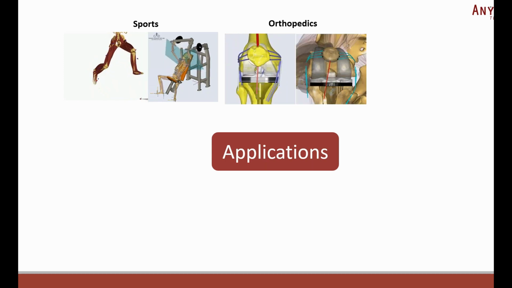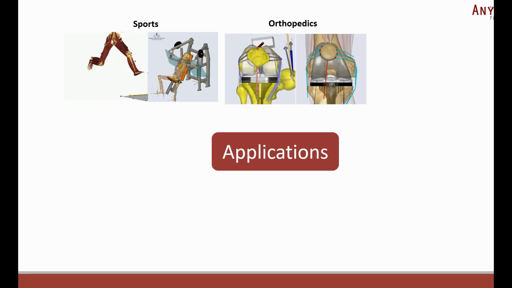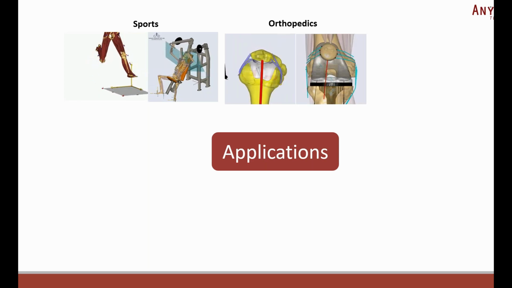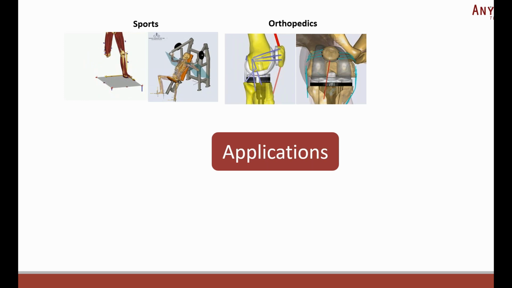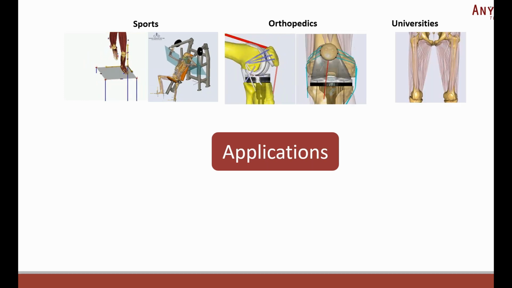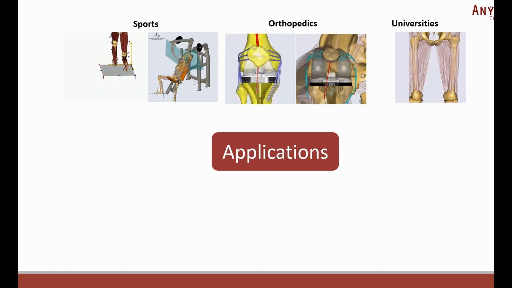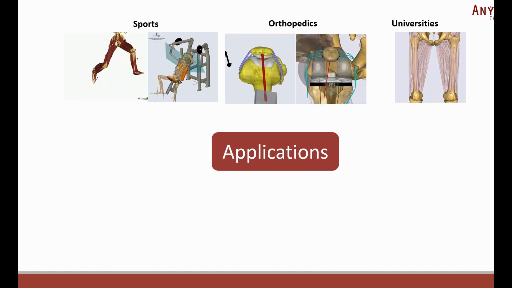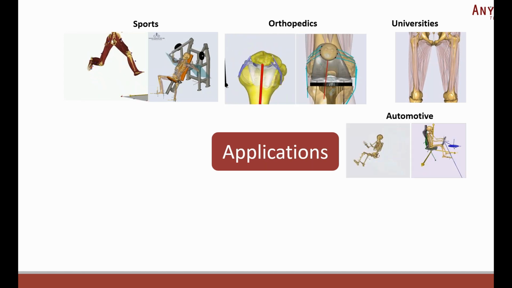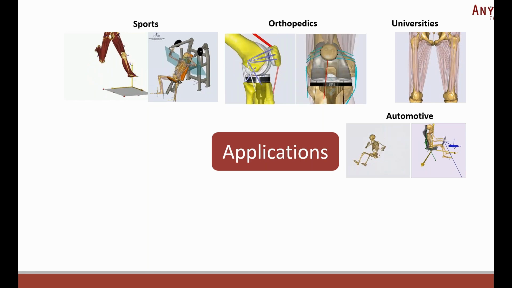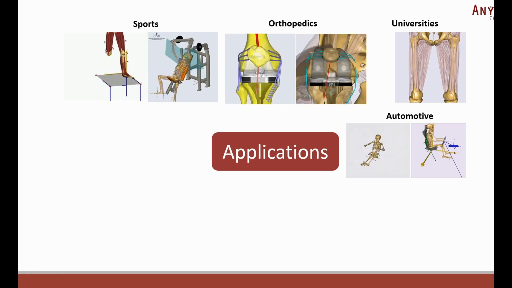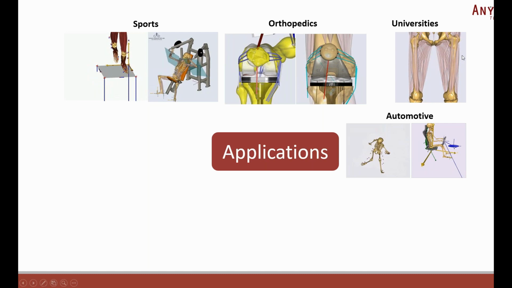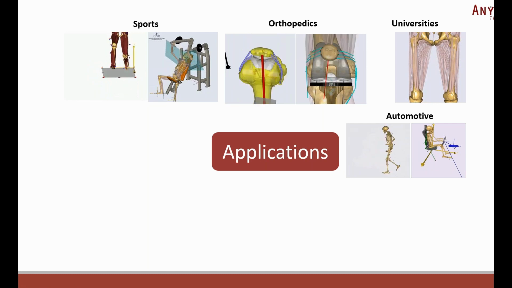So there are many applications. Please visit our website and watch previous webinars if you're interested in this topic. It is also used in research for various applications. And it is also used in the automotive industry, for design of the car interior, and so on.